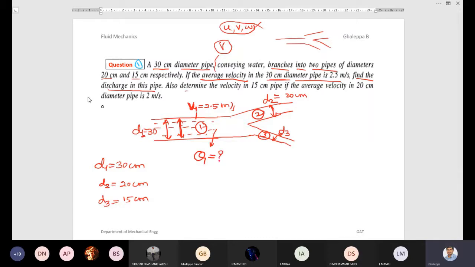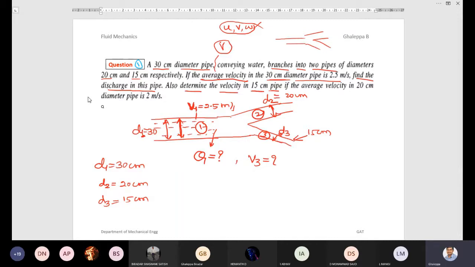Next, also determine the velocity in 15 centimeter pipe. Which is the 15 centimeter pipe? D1 or D2 or D3? D3 is 15 centimeter. This is the 15 centimeter pipe. So velocity V3 also is asked, the velocity in the 15 centimeter pipe.